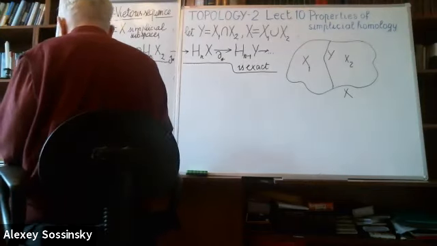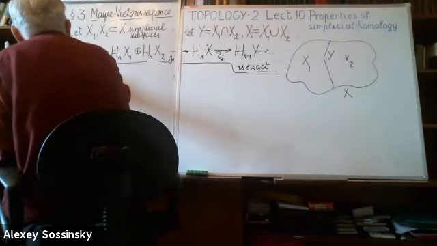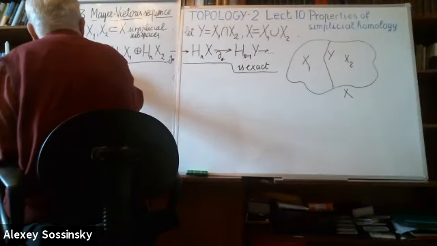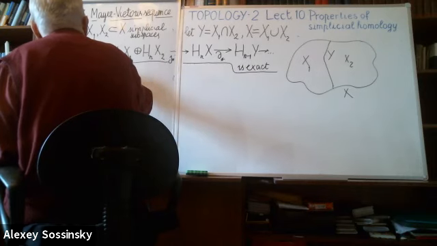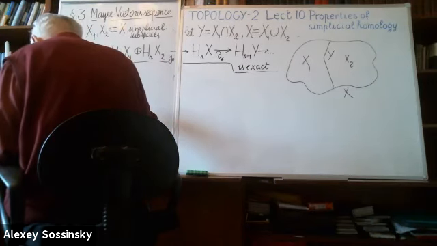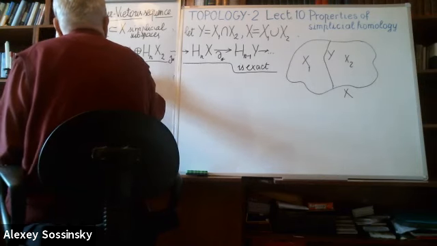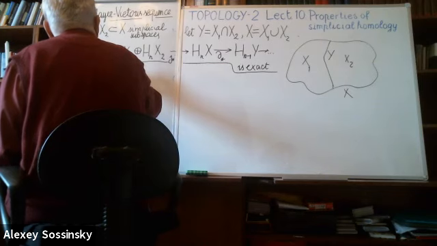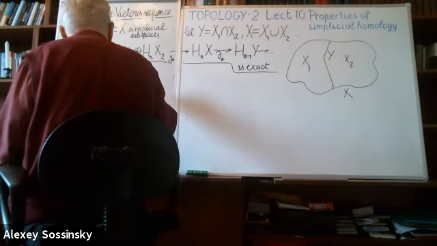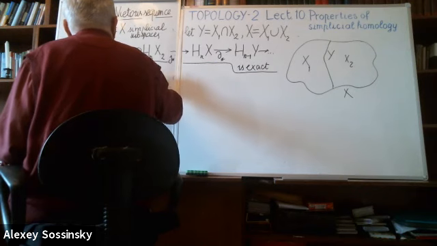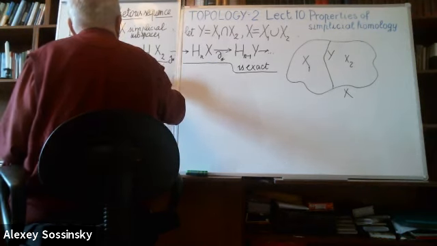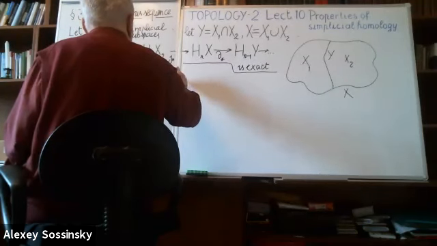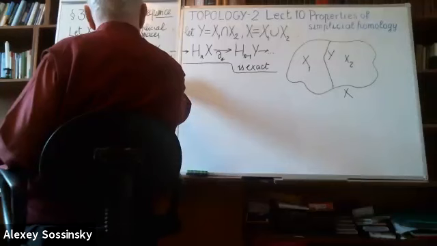Namely, this sequence: 0 goes to CY, goes to CX1 plus CX2. What does this plus here mean?